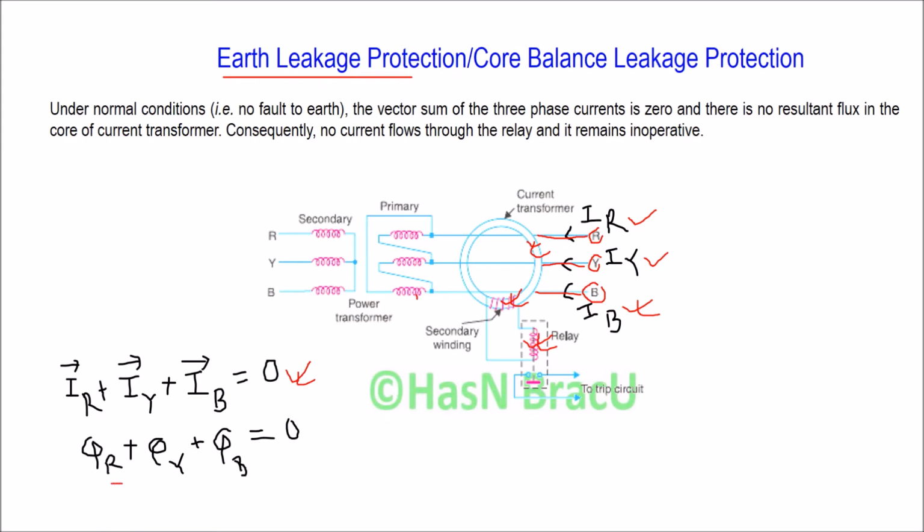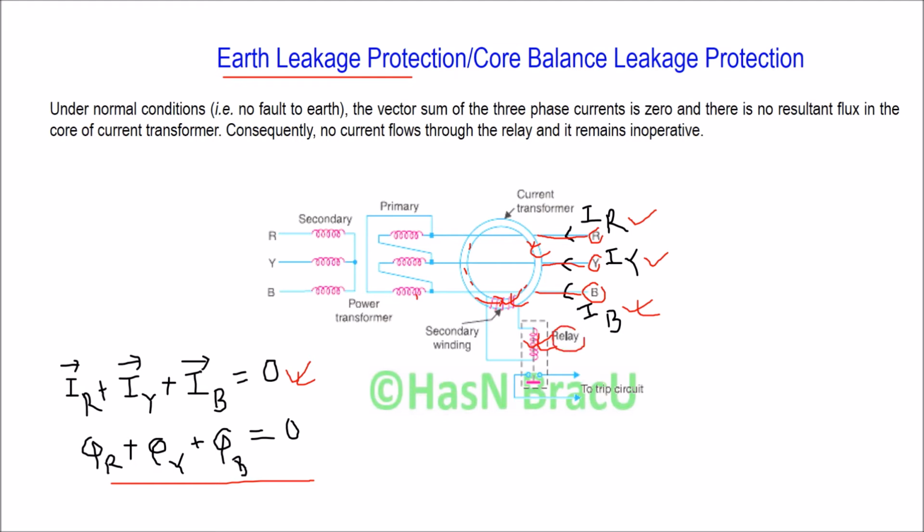There will be no resultant flux which is supposed to flow in the core of a current transformer. Since there is no resultant flux, no flux links with this secondary winding of CT. Since no flux links with this secondary winding, there is no current flowing through this relay.